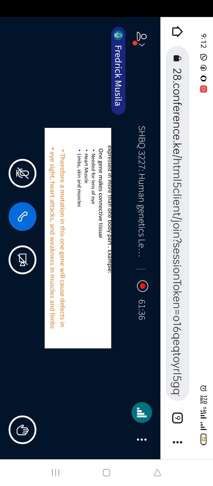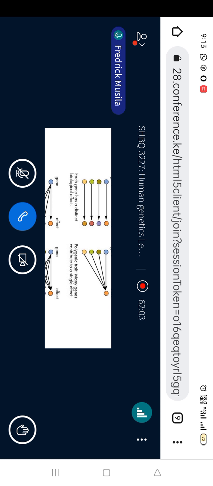So if you have a mutation in that particular gene, all those traits which are determined by that gene will be affected. Like you'll have problems with eyesight. This is just an example. You can be prone to heart attacks, or even have weak muscles and limbs, just because that gene which affects these three traits has been affected.